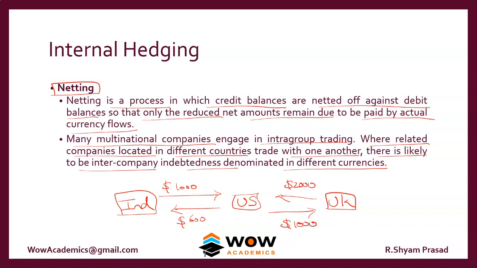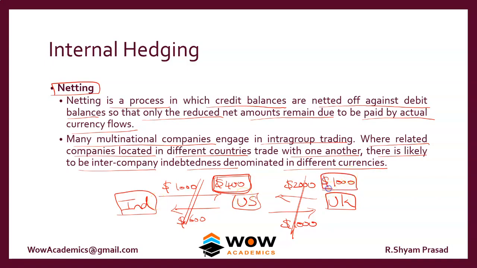Okay, so what we do here is we try to net it out. So if we net out this position, there is only $400 that has to be hedged. That is an income of US. Okay, income in dollar terms for US. If you net out this position, there is a $1000 inflow for the company. So there are two types of inflows for the company.